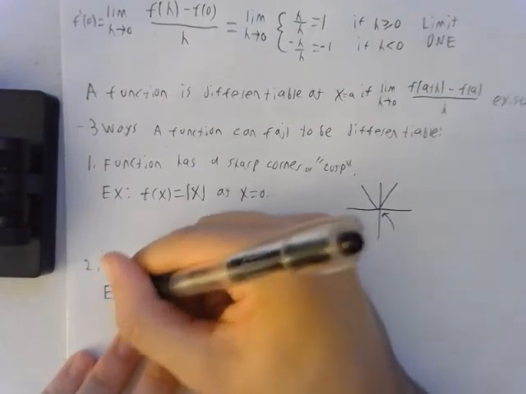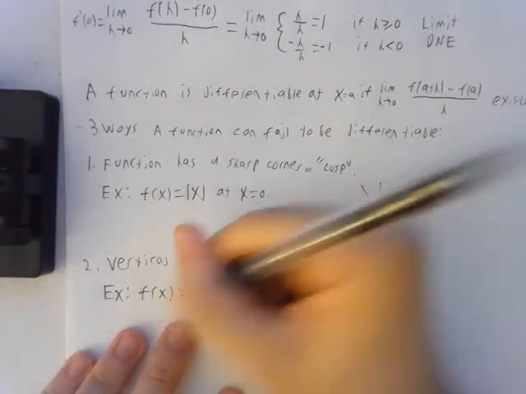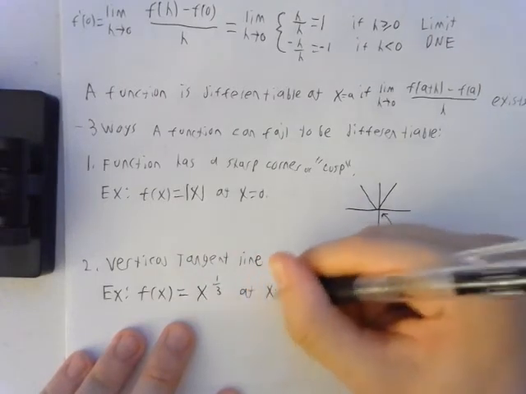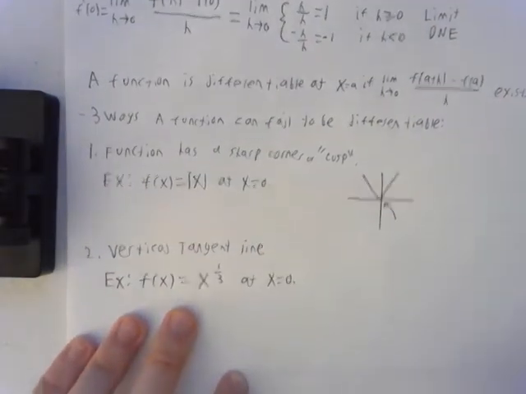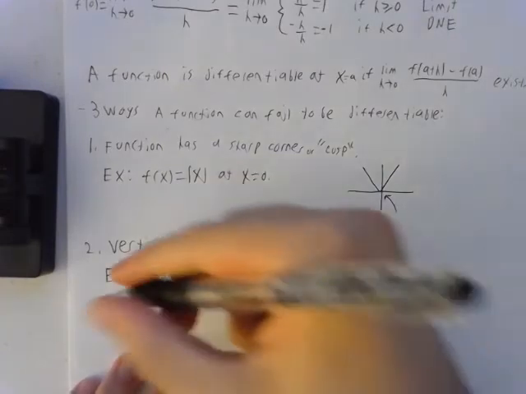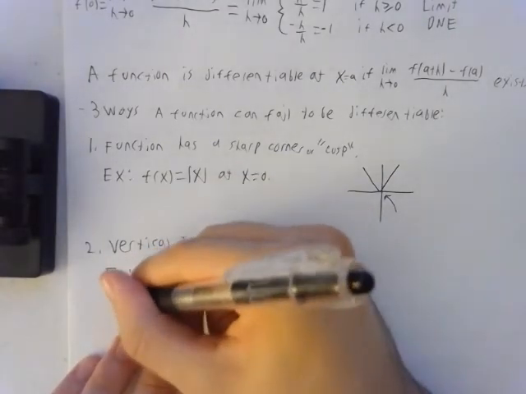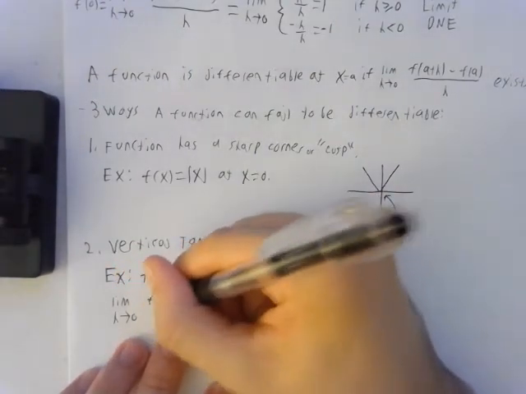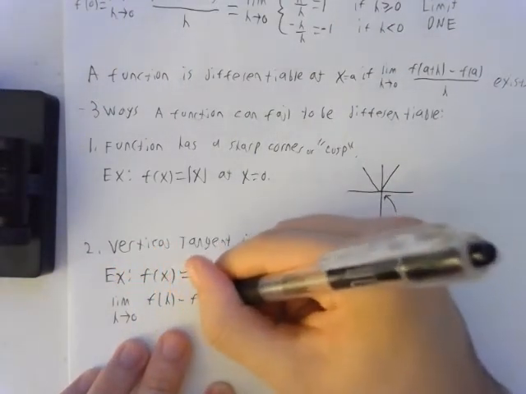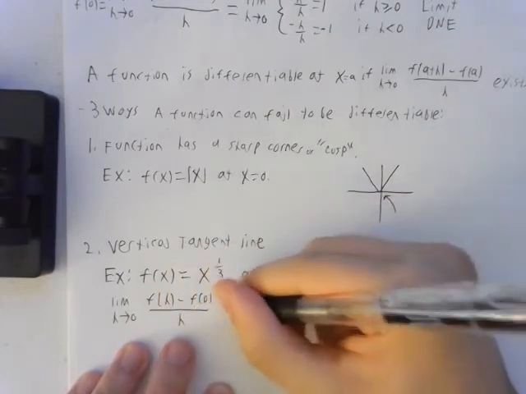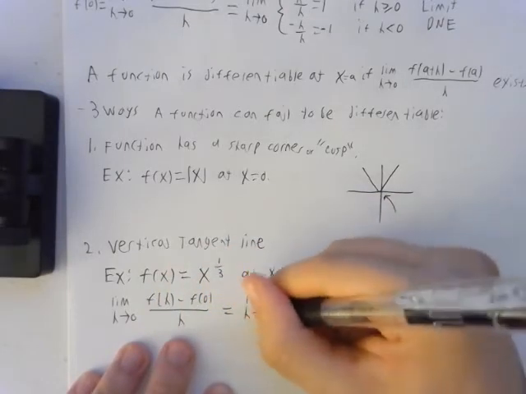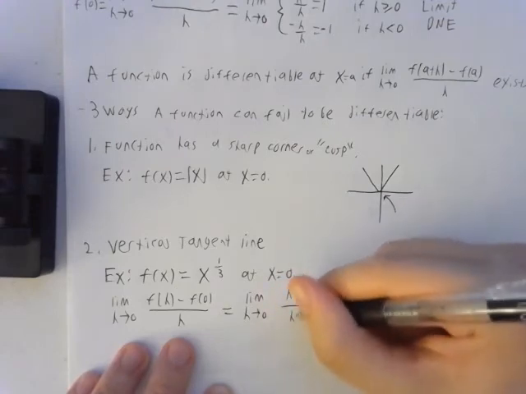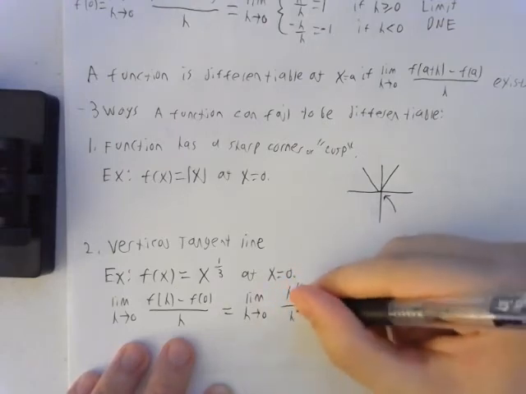So an example is the function f of x equals x to the power 1/3 at x equals 0. So let's see why this is. If we take the limit as h approaches 0 of f of h minus f of 0 over h, this becomes the limit as h approaches 0 of h to the 1/3 over h.